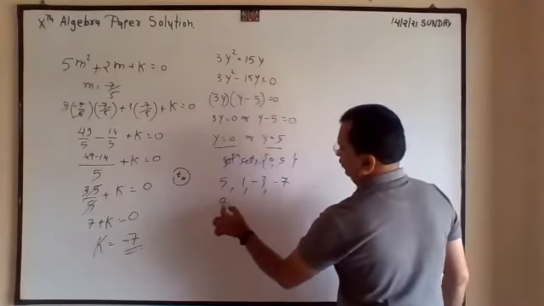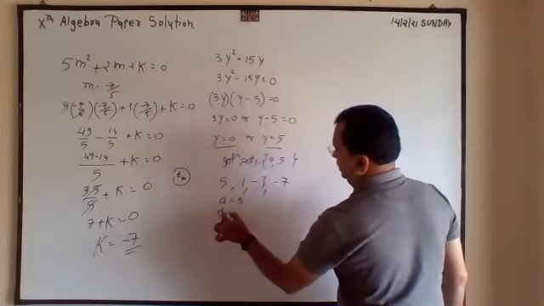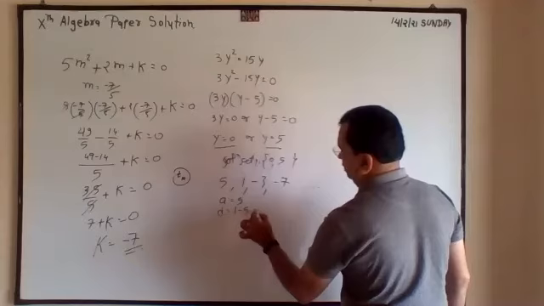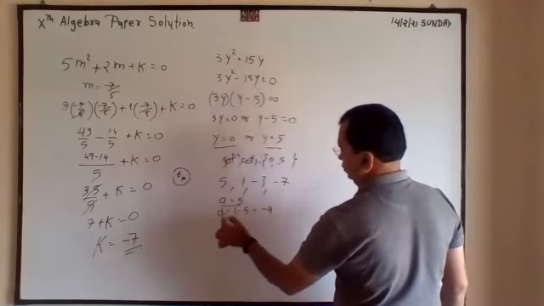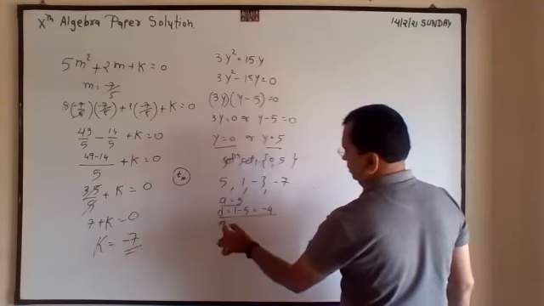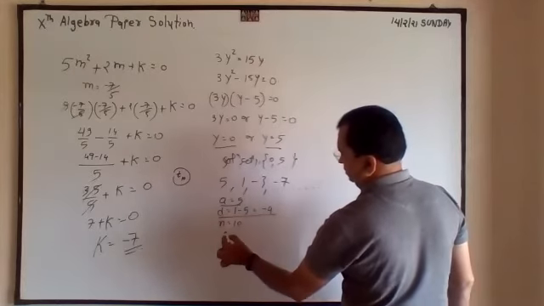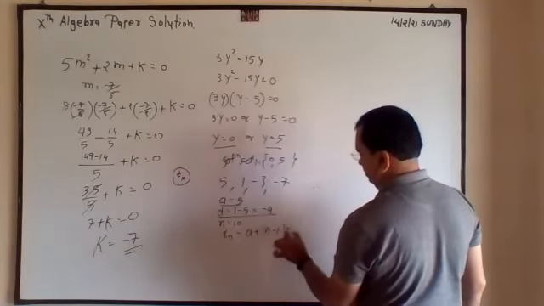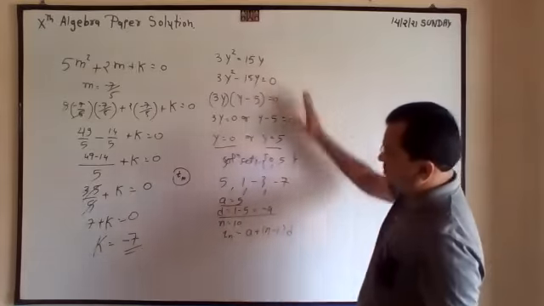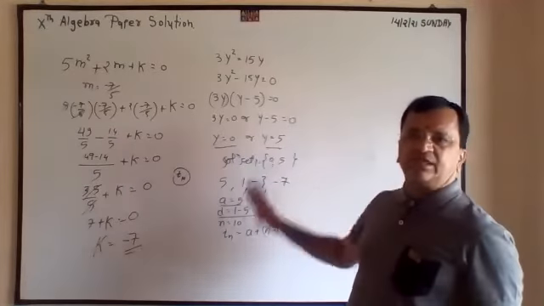So a is equal to 5. d is equal to 1 minus 5, which is minus 4. The first is a, the second is d, and the third is n, which is 10. So Tn is equal to a plus (n minus 1) d. This is an activity question.